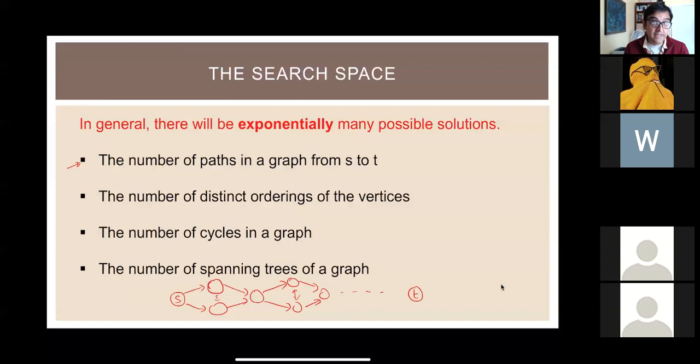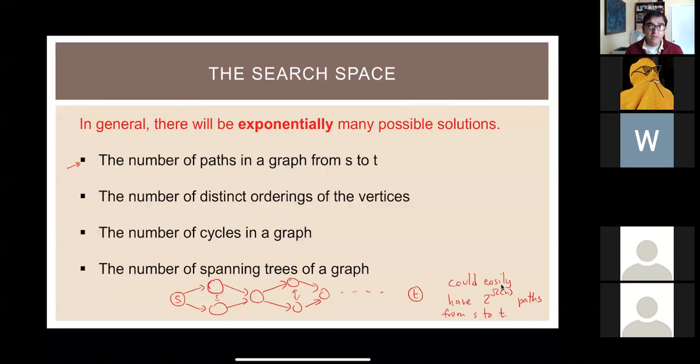If we have, say, 10 such choices, then we immediately have 2 to the 10, which is over 1,000 paths. And we could easily have 2 to the omega n paths from S to T. So this is an interesting situation.